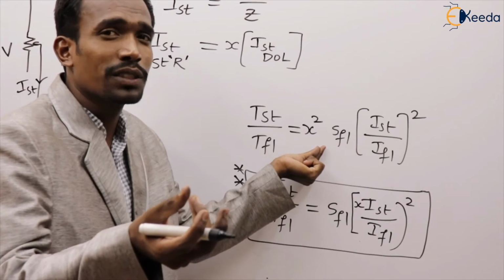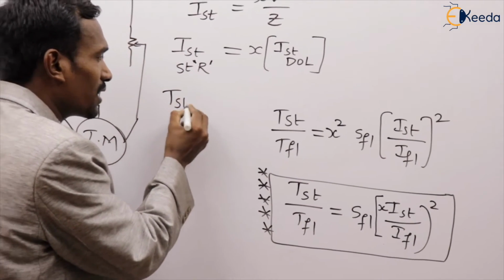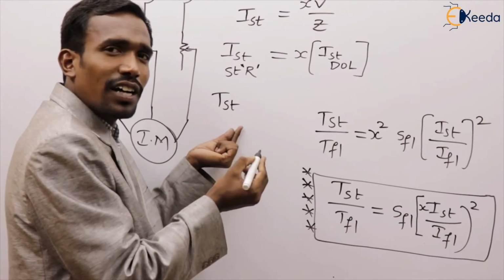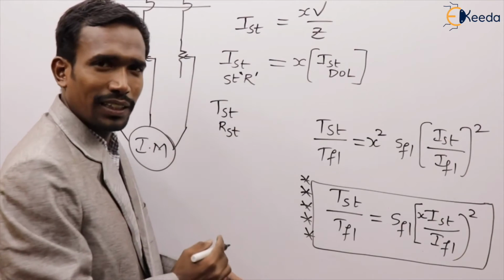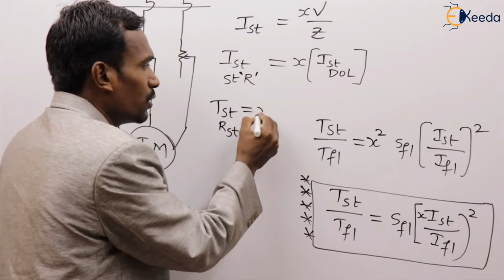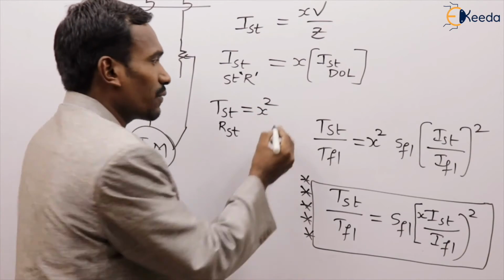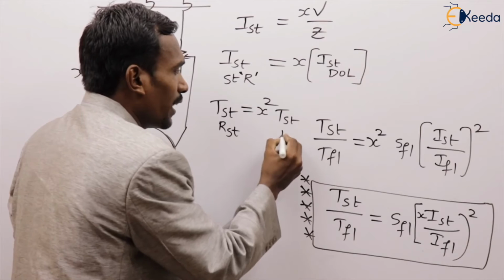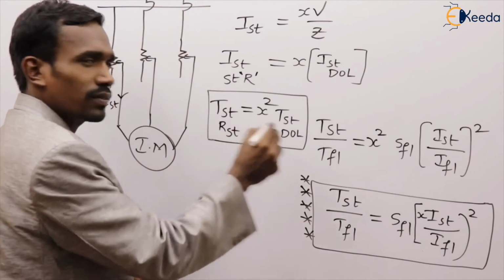So what you observe? The starting torque in this method, nothing but the stator resistance control method, is equal to X square times of the starting torque in DOL starting. This is also very important.